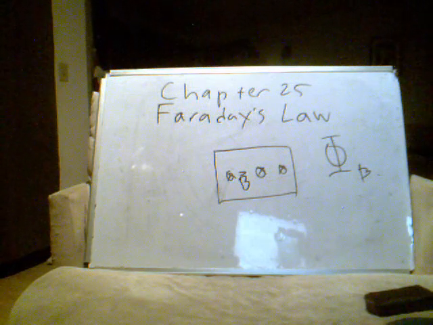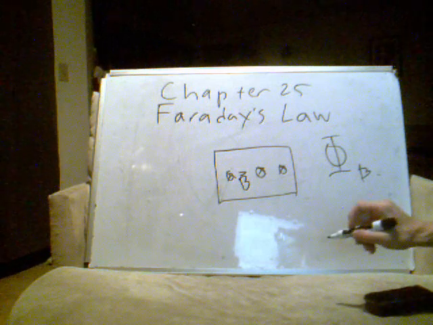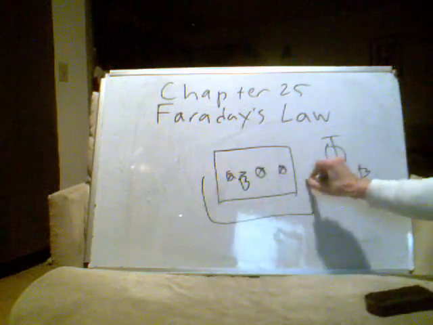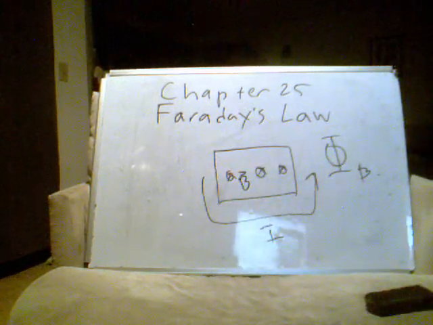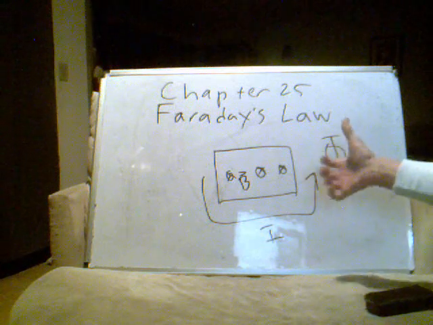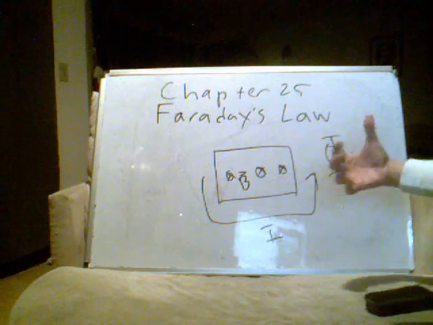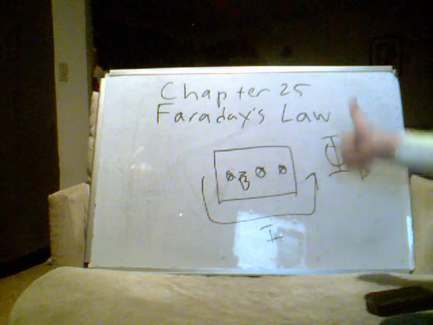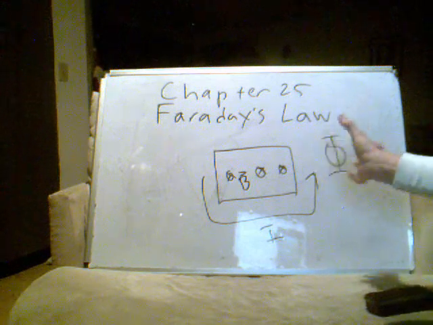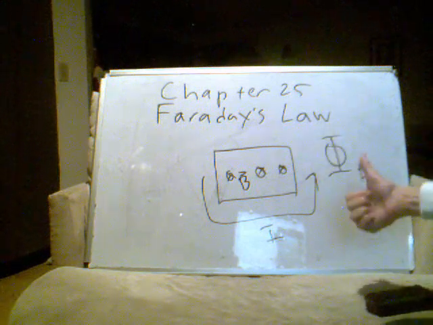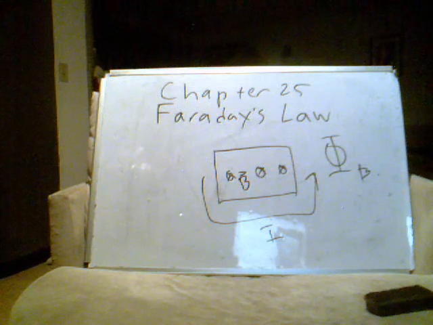Now, according to the right-hand rule, the electrons would generate a current in the counterclockwise direction, like so. Because, according to the right-hand rule, a current gets created this way, and a magnetic field would wrap around it like your fingers if your thumb is in the direction of the current.